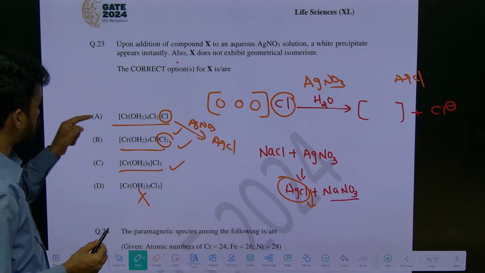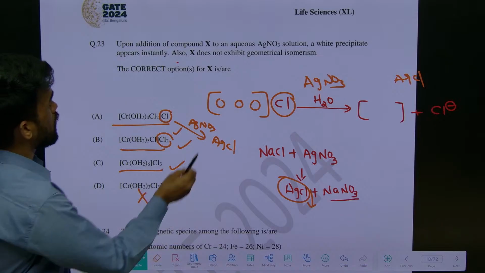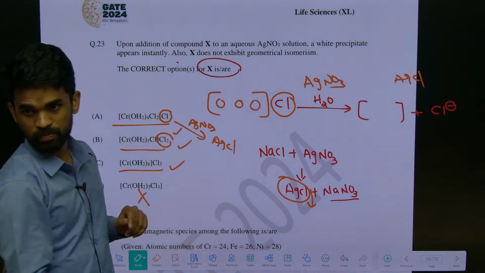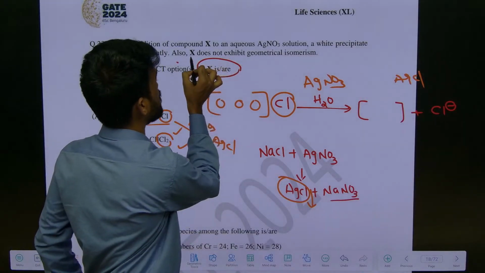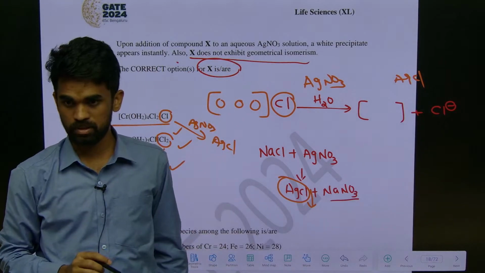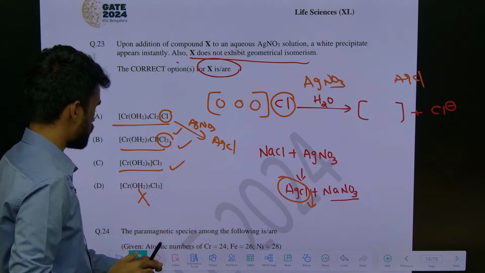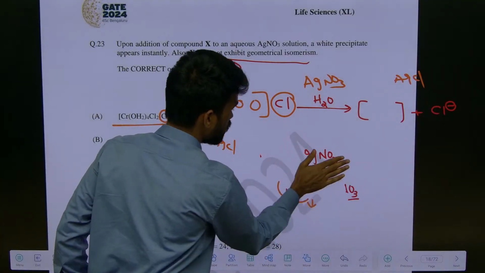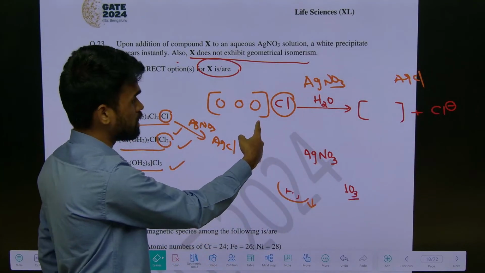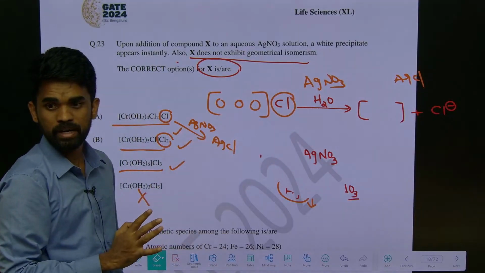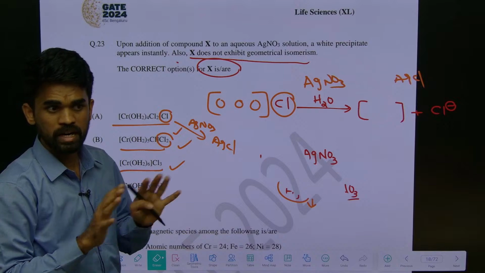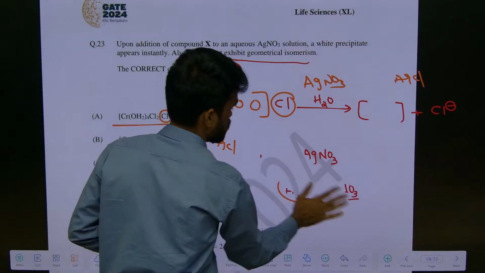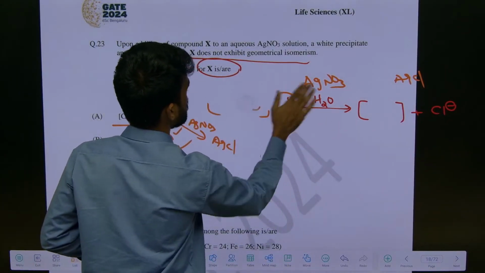Next, out of these A, B, C, it is a multi-select question, and they are asking which does not exhibit geometrical isomerism. Do you get this concept? Ions outside the coordination sphere will ionize, but inside the sphere they won't. They remain as such and do not lose any identity.